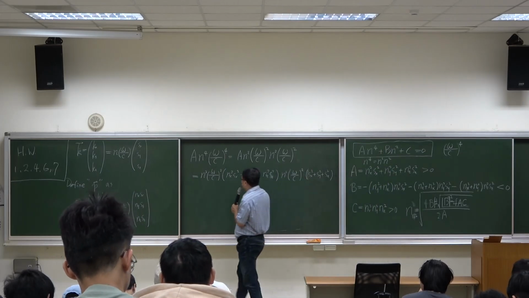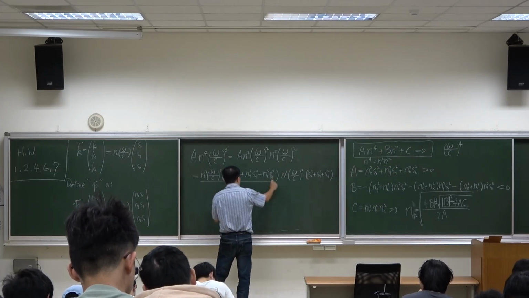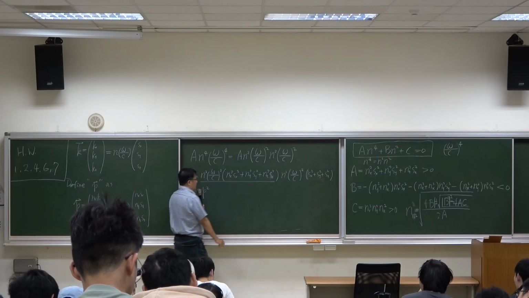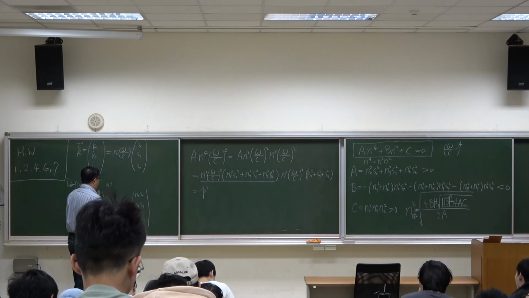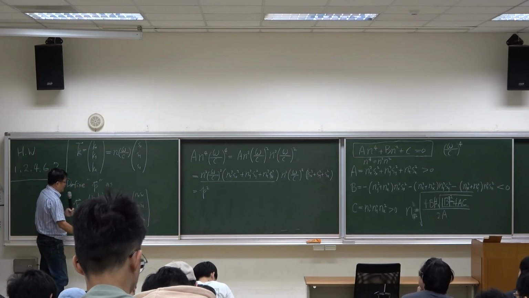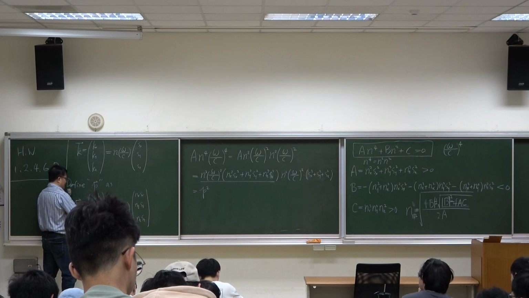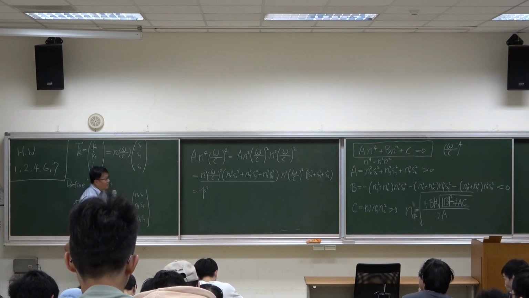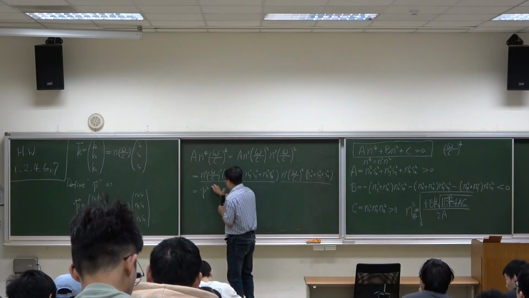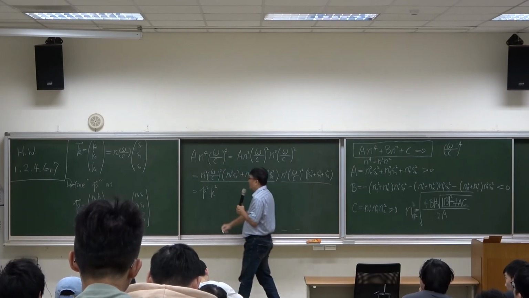And you can see that this is nothing but p squared. P squared means the summation of this square plus this square plus this square. Okay. And this is k squared.